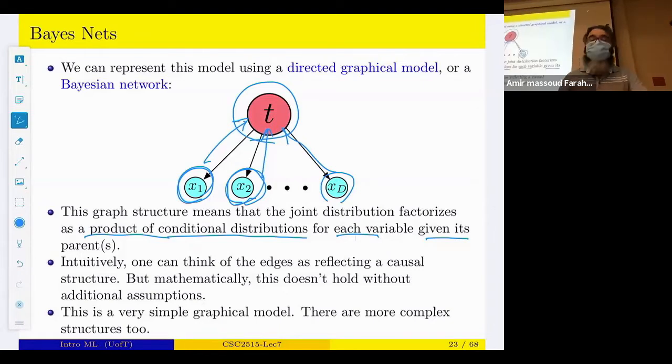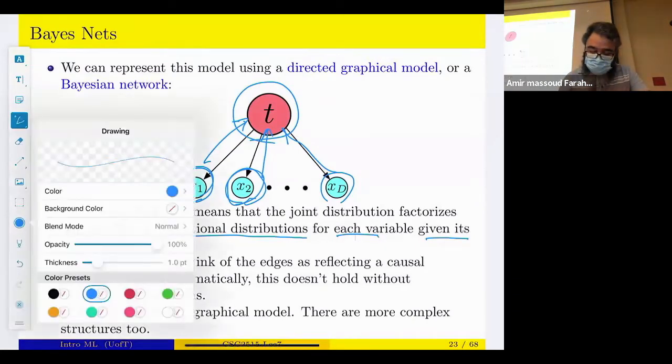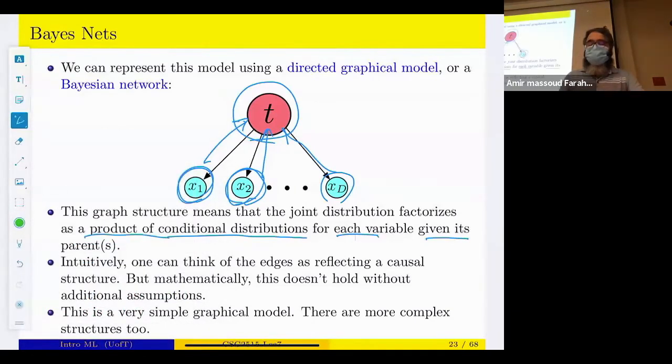So this is a very simple graphical model, and there are more complex structures, as already mentioned. Maybe just give an example of how it can be a bit more complicated.